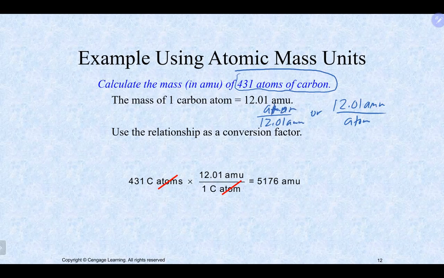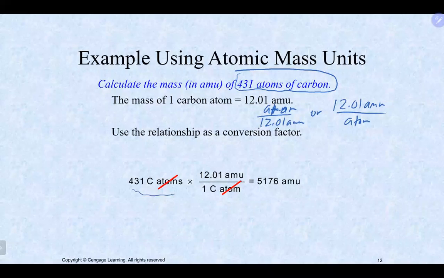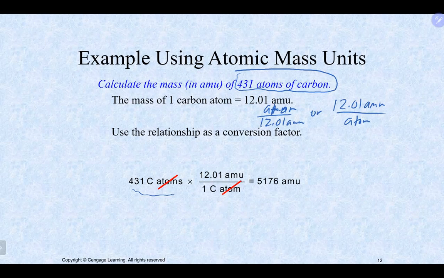So in this case, we would start with our 431 carbon atoms, using the atomic mass as a conversion factor. Our atoms will cancel, and we will end up with 5176 AMU for the mass of our 431 atoms of carbon.